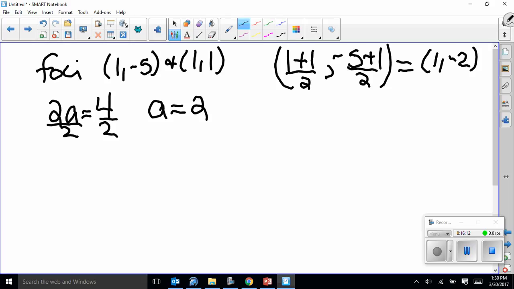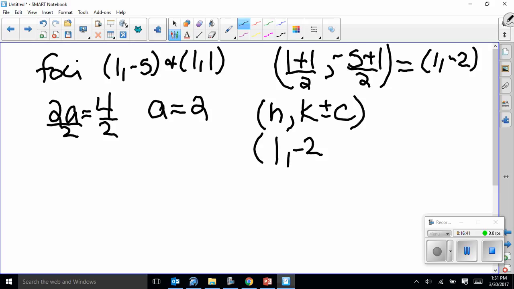Since we know where the center is, we can find c. Here's our center. Since our x coordinates aren't changing, that means this is a vertical hyperbola. For the foci, it's h and then k plus or minus c.